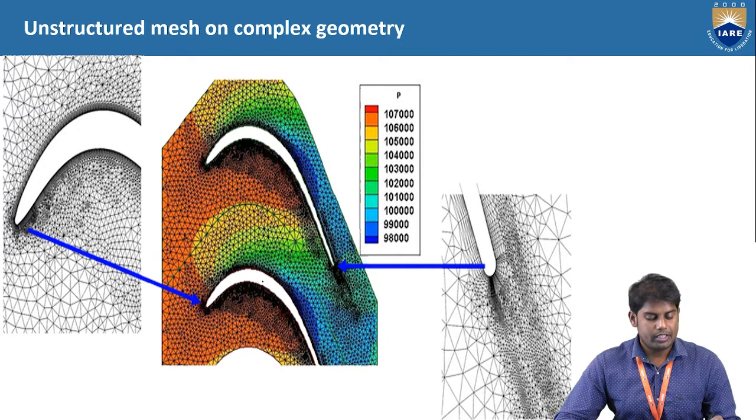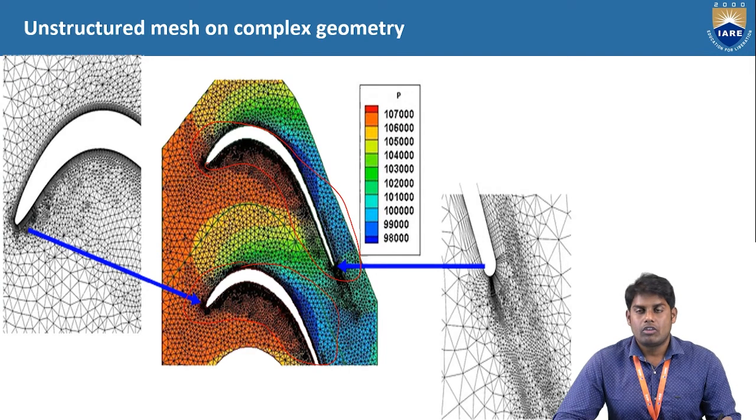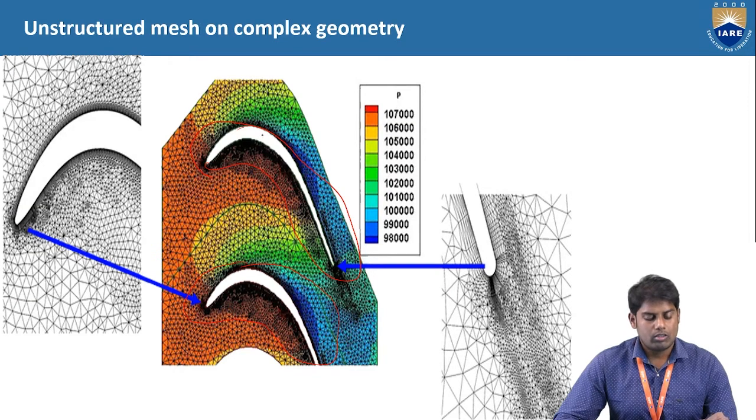So this is, let's say, a blade. An aerofoil shaped blade, a turbomachinery kind of example, where you can see that you have a curved nature of the domain. So this is called your model, and this entire thing is your domain.